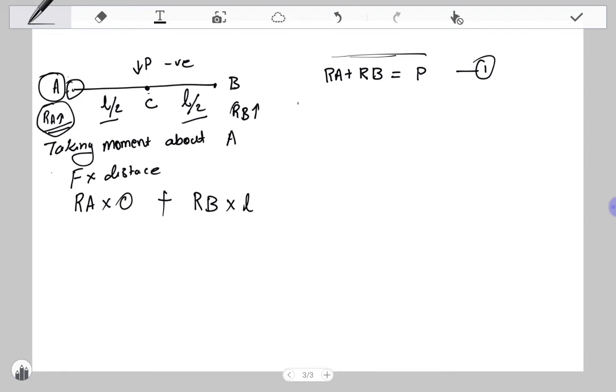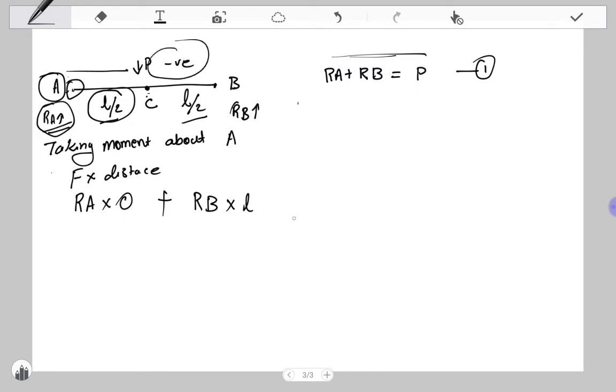At point C, the force acting is P, correct? And the distance of P from A is L by 2. The sign of that will be negative since the force is negative.